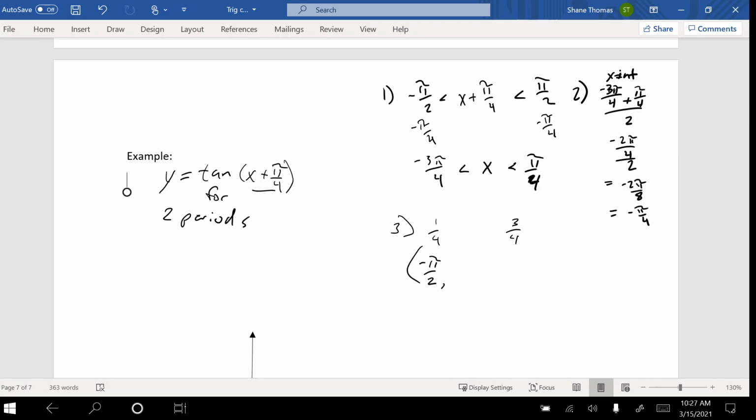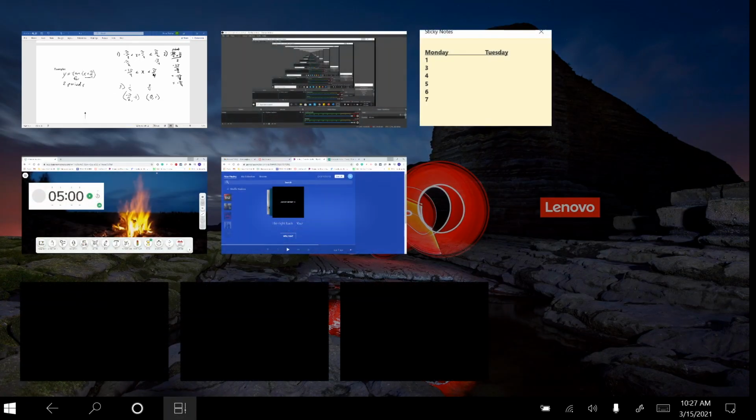What's my a term? Nothing here, so it would be 1. Okay, so that would be negative 1. This guy, with my 3/4 term, would be 0. And then it's my positive a term there. All right? Do you have enough to graph it now? Yeah. Go ahead and graph it. Give you about 2 or 3 minutes.